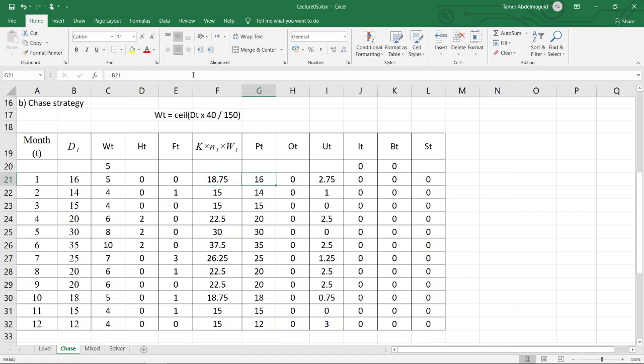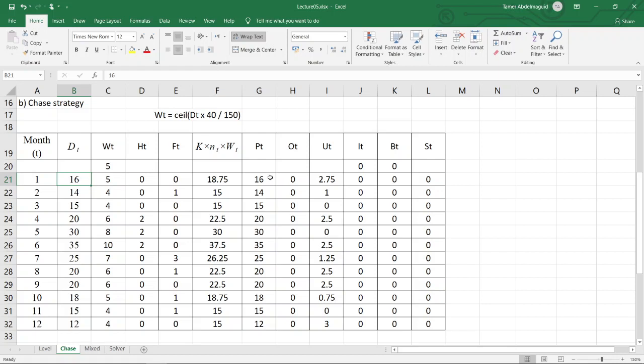Now, accordingly, based on the available capacity in each period, I have to make a decision regarding the production quantity. As you can see here, for the first period, the total quantity that I can produce is 18.75, which is actually more than what's demanded in that period.